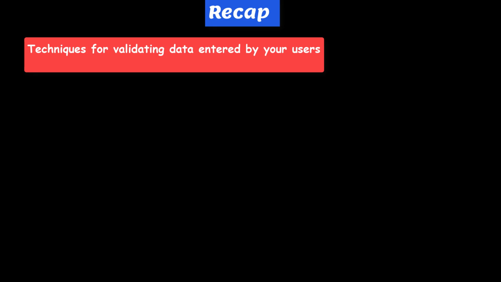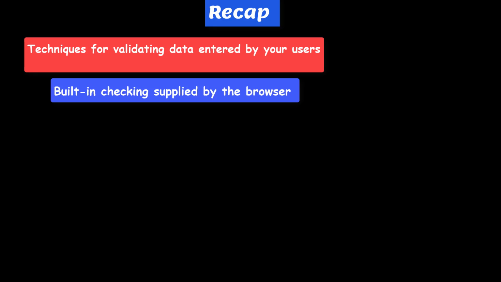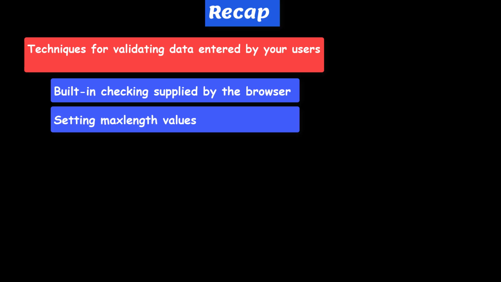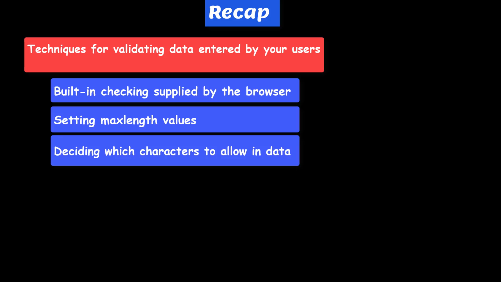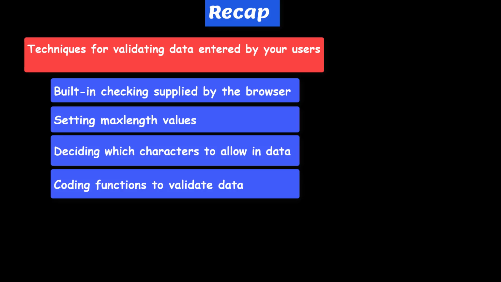In this session, we looked at techniques for validating data the user has entered: built-in checking supplied by the browser, setting maximum length values, deciding which characters should be allowed, then coding functions to check the contents of input fields to ensure they only contain allowed characters.